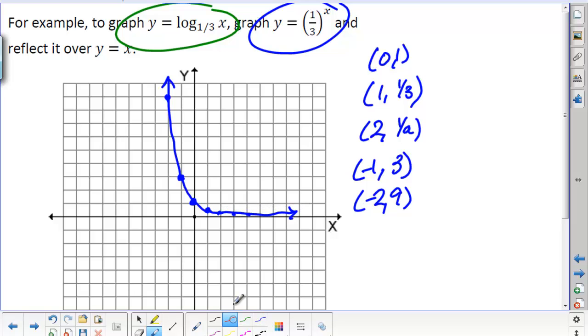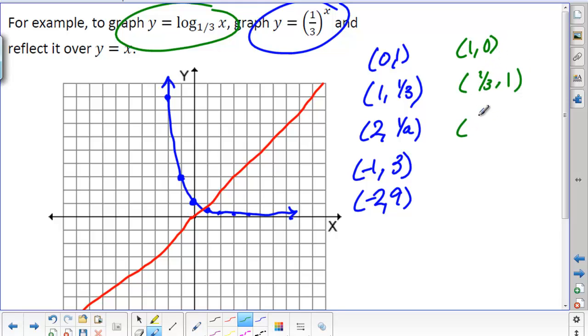Now if I want to reflect that again over the line y equals x, then I just switch the coordinates. So I get 1, 0, 1/3, 1, 1/9, 2, 3, -1, and 9, -2.